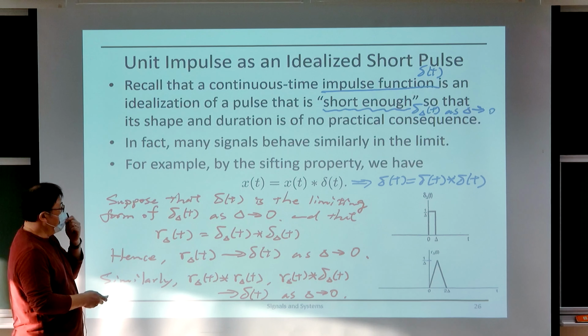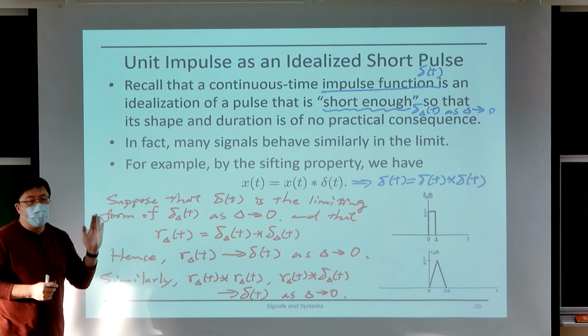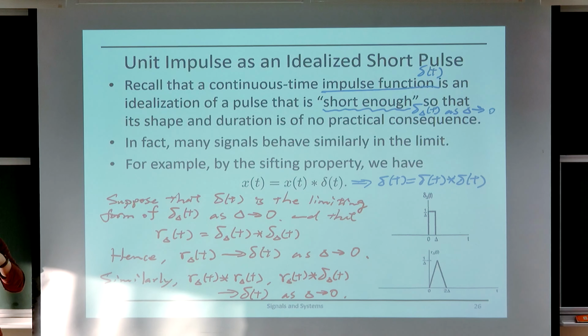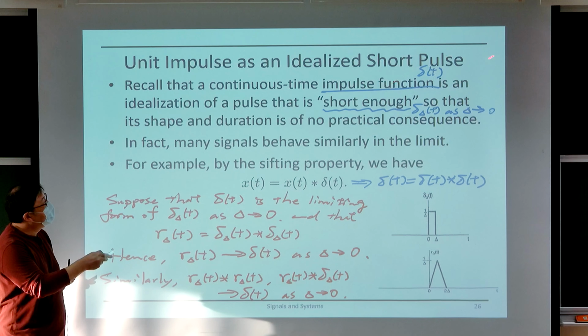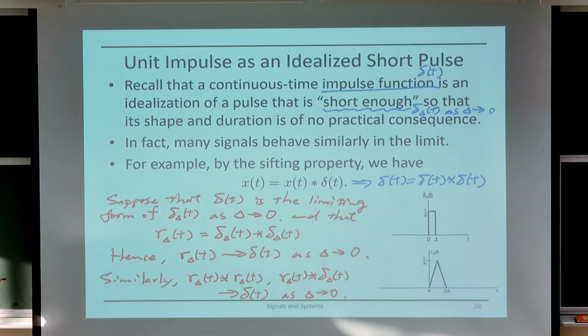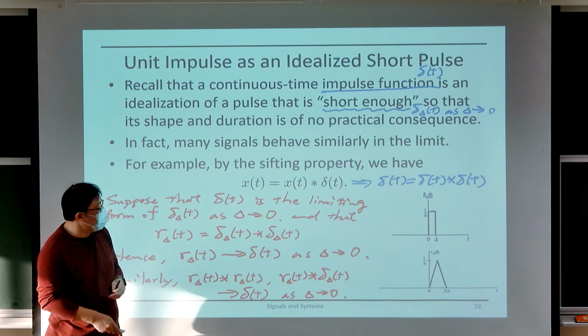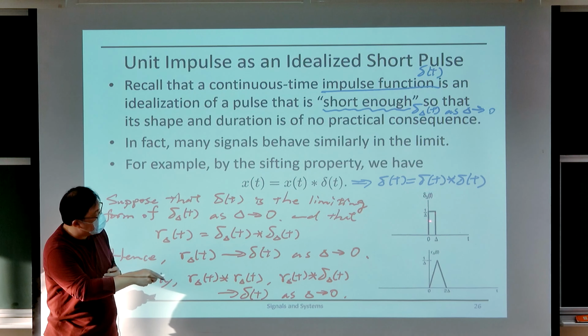But yesterday we showed, through this sifting property, that there can be many different forms of these short pulses that all have a limiting form behaving like the unit impulse. The way we construct it is, for example, suppose we start out with this rectangular short pulse.